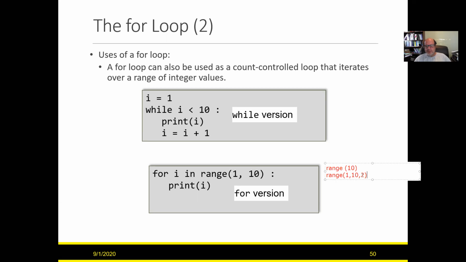If I have 3 parameters, the last one is a step. So I'm going to go from 1 through 9, and I'm stepping 2. So in this case, it's going to go 1, 3, 5, 7, 9, and it's going to stop. The first one is going to go 0, 1, 2, 3, 4, 5, 6, 7, 8, 9.